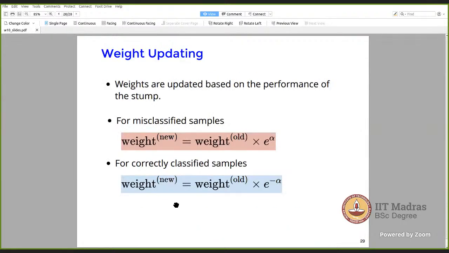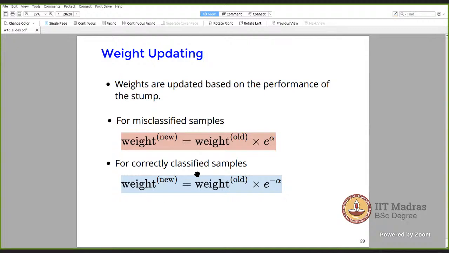Now, let's see how it is used. We spoke about misclassified samples, we increase the weight for them. Correctly classified samples, we reduce the weight for them. We also take into consideration the performance of the model that actually gave this prediction while updating the weights.